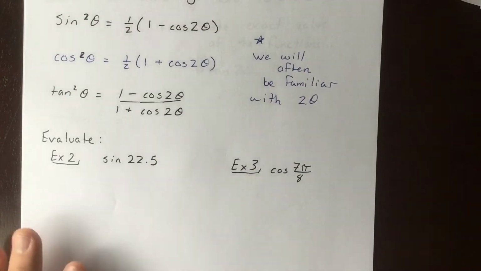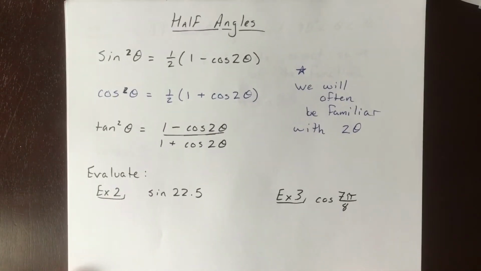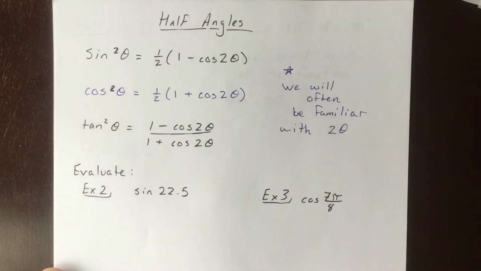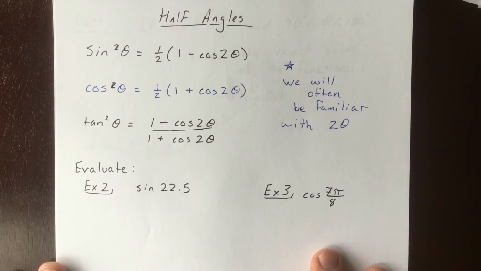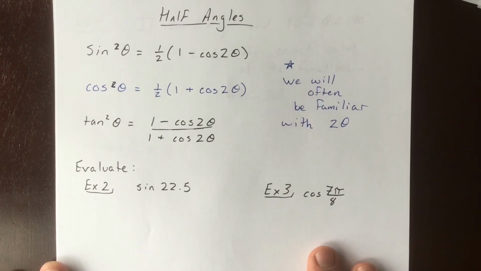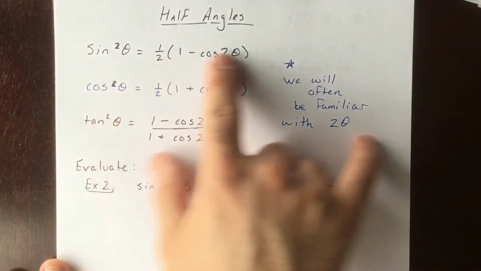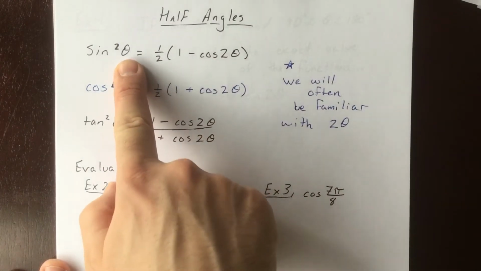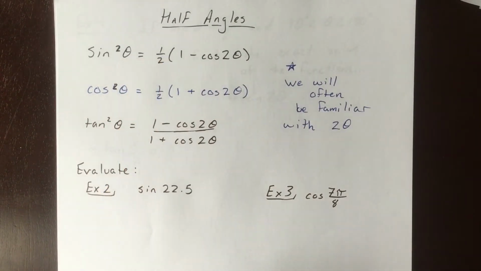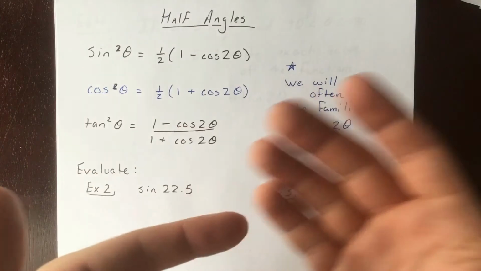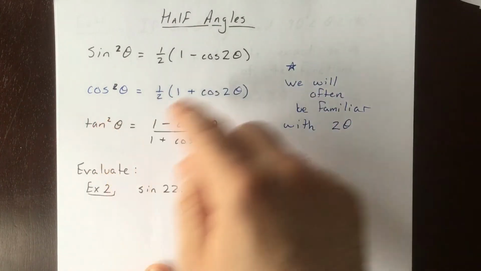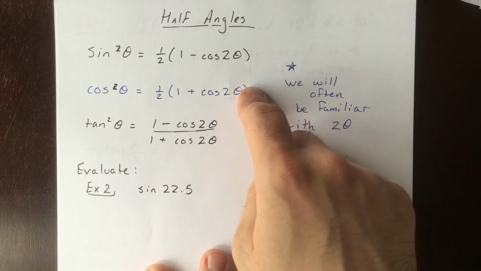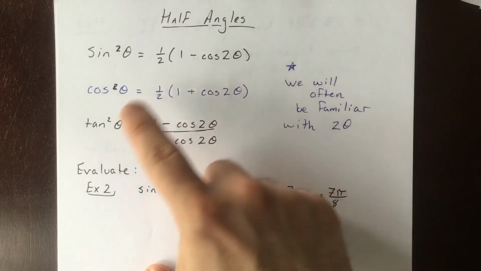Oh, yeah, half angles. We worked a little bit with double angles; it's a matter of using these identities. So now we have a half angle. Looking at this, sine squared of theta equals 1/2 of 1 minus cosine 2 theta. And a slight variation with cosine squared theta.